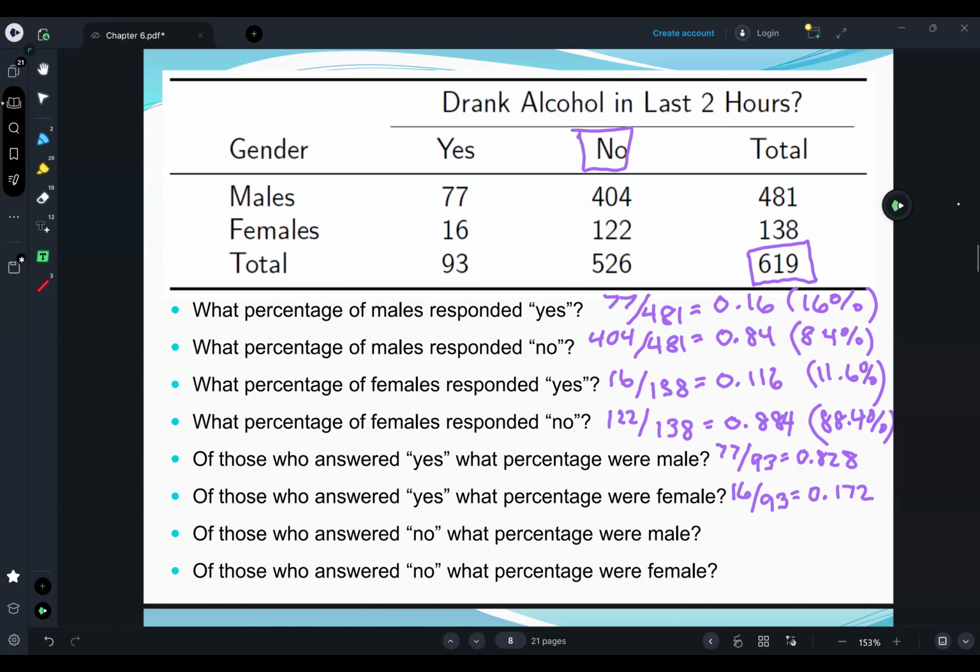Right, 404 divided by 526. If we work that out, and please check, I get 0.768.